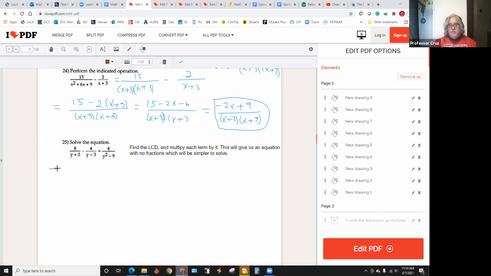So this one, just to rewrite it, so we can see the factors, this is y plus 3, and this is y minus 3.